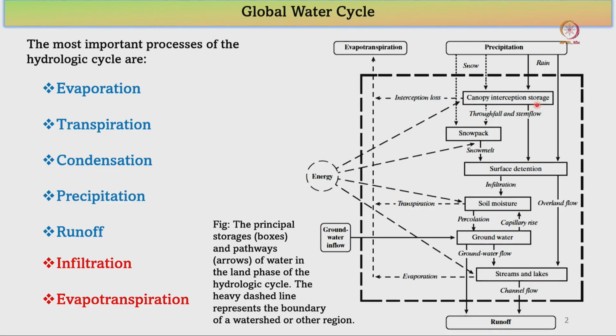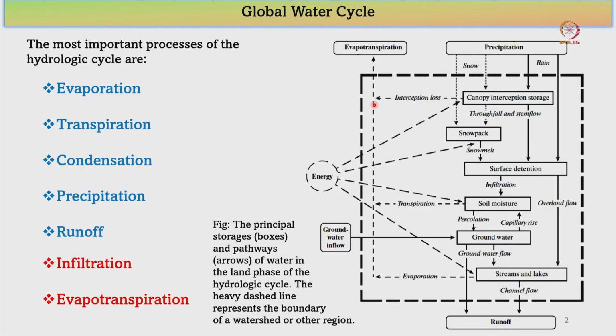That means a very small fraction of that rainfall will get stored on the leaves and all that. So, canopy interception storage, and through fall and via stem flow it will come down, right. It will fall through the trees and along the bark of the tree, that is called stem flow, it will come down, right.